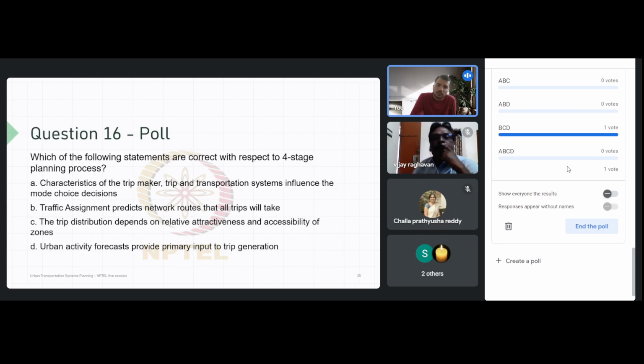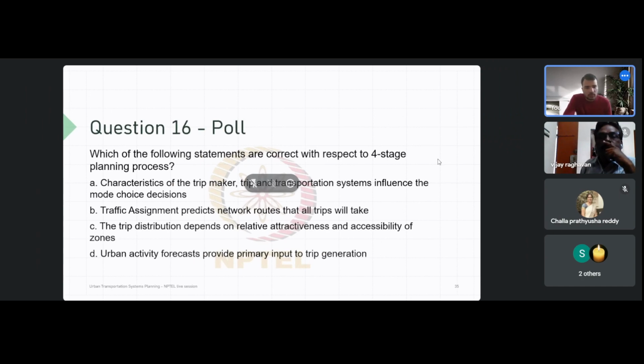Please read the options properly and then try to answer it. It should be easy because we discussed this, I think, two times by now. Otherwise, no issues. We will discuss the answer. I will give one more minute. You can respond in the poll as well as the chat.